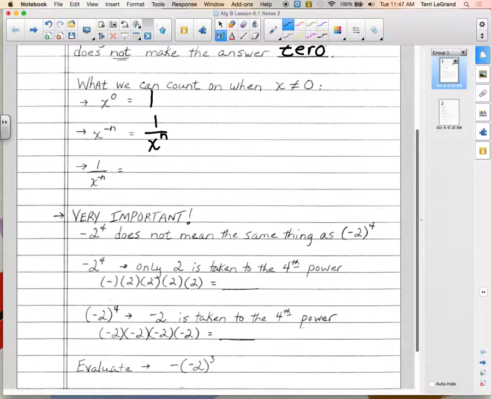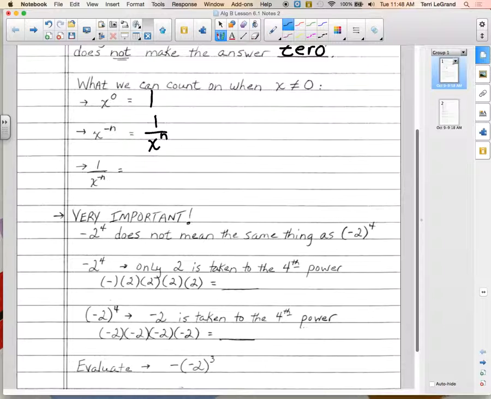Look at here: for 10 to the negative 1 power, we ended up with 1 over 10. And isn't 10 to the what first power? So in other words, couldn't I just put a 1 here right now? Would that be true? Did I change its value? No. Okay. Could I rewrite this one as 1 over 10 to a power? 10 to the second power.